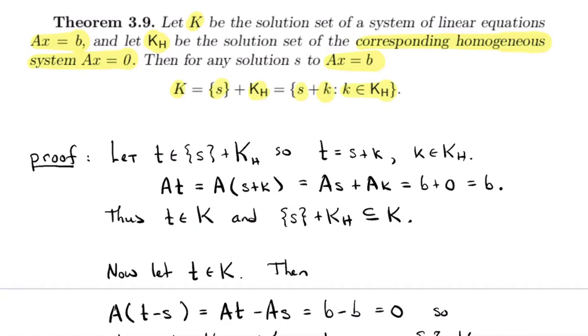I can't help but say to the abstract algebra veterans in this setting that the homogeneous system solution set is a subspace for us, and it's a subgroup in particular. And this thing that we're forming is nothing more than one of the cosets of that subgroup.